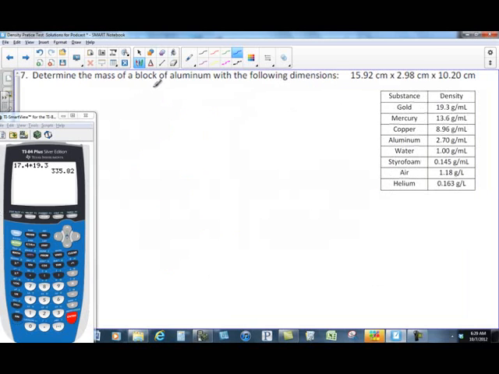Now we want to determine the mass of a block of aluminum with these dimensions. Let me erase that so I can see what it says. Alright, so we want to find mass, and we are given length, width, and height. If I multiply length times width times height, I'm going to get my volume.